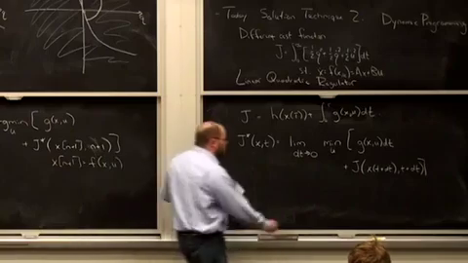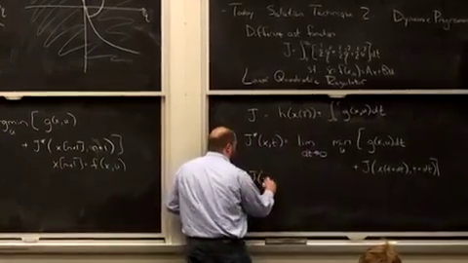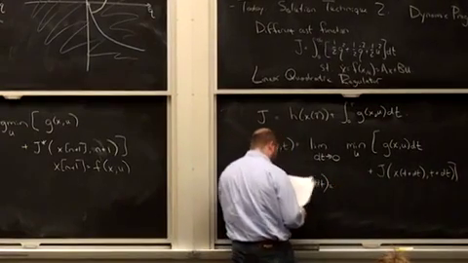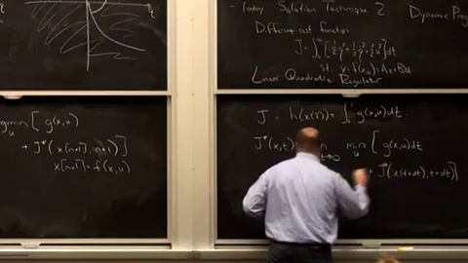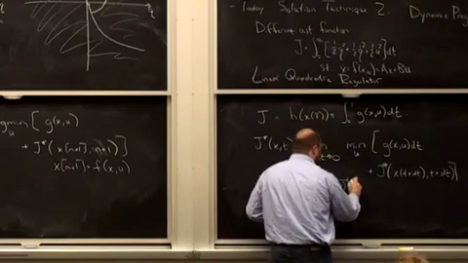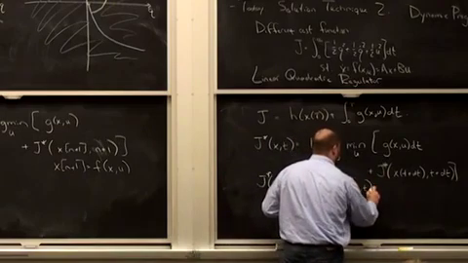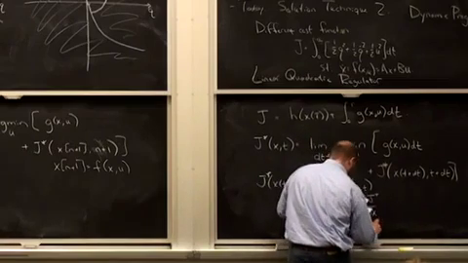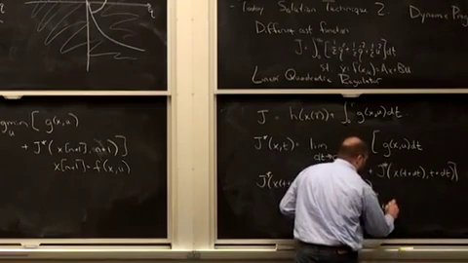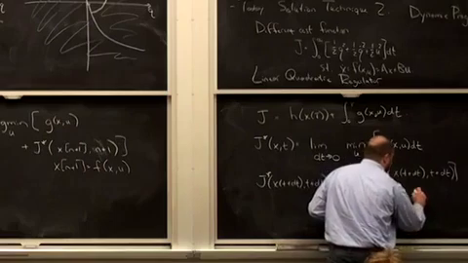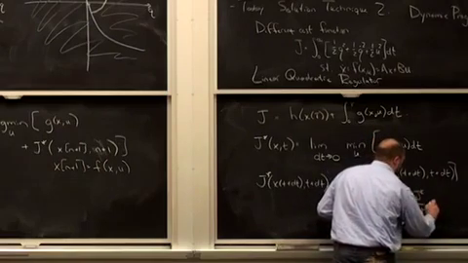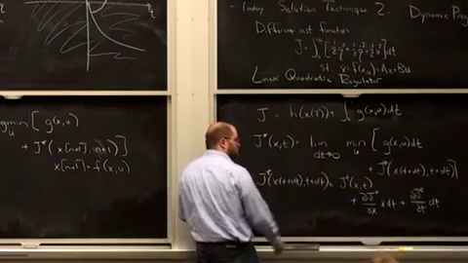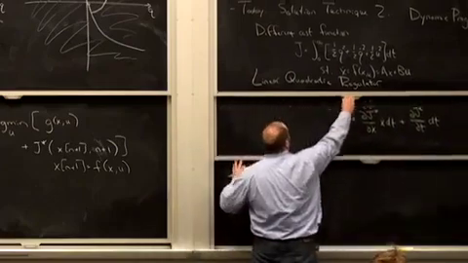I'm going to approximate J(x, t plus dt) as, this is J star, let me not forget my stars, as J star at x and t plus partial J star partial x times x dot dt plus partial J star partial t dt. It's a Taylor expansion of that term.